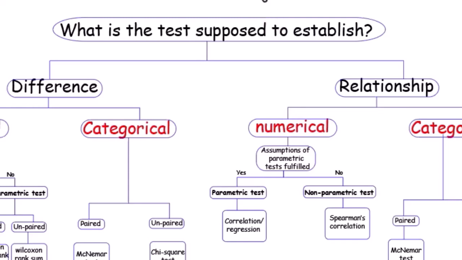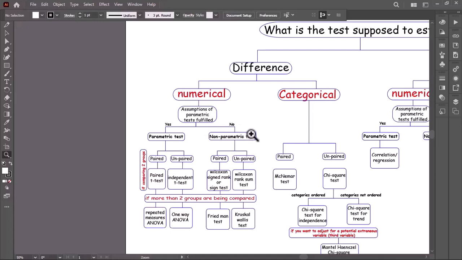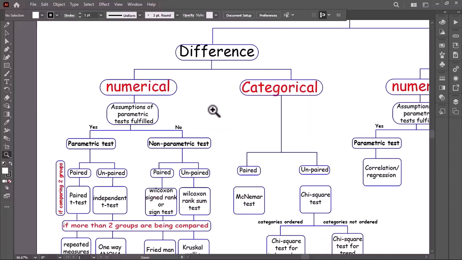Now that you know that your test may be establishing a difference or a relationship, let's take a closer look at if our question was establishing a difference. What type of data do we have? Is our data numerical or categorical?